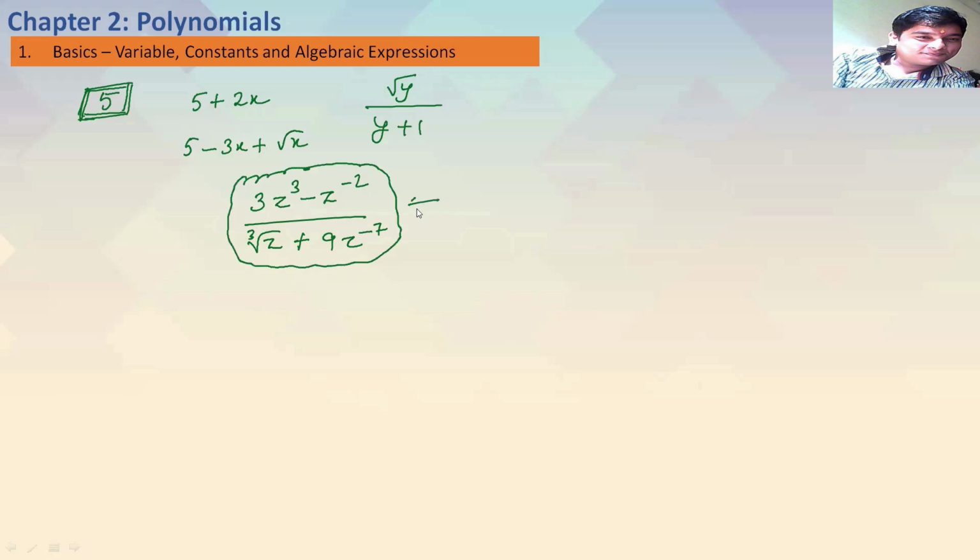All of these are algebraic expressions. Clear? Fantastic. Now we are learning polynomials. Polynomials are not just any algebraic expression. There have to be some specific qualities in an algebraic expression to become a polynomial.